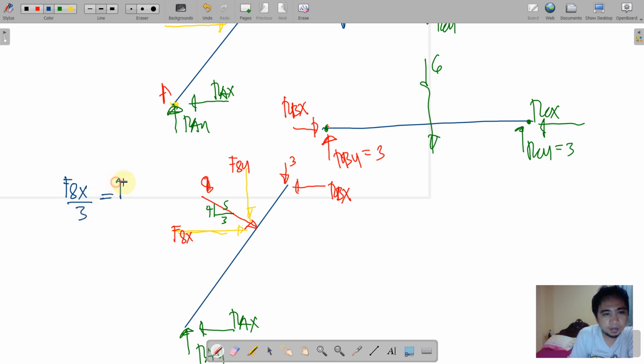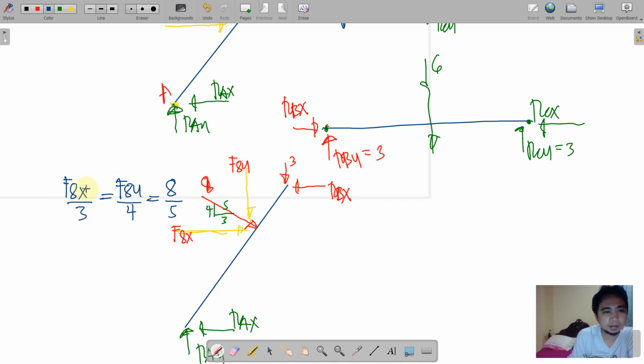And then F8Y, what is the pair of Y? Of course, the vertical slope, that is equal to 4. And this is actually equal to the mother force, or the hypotenuse. So that both of these will be equated to the 8 over 5.